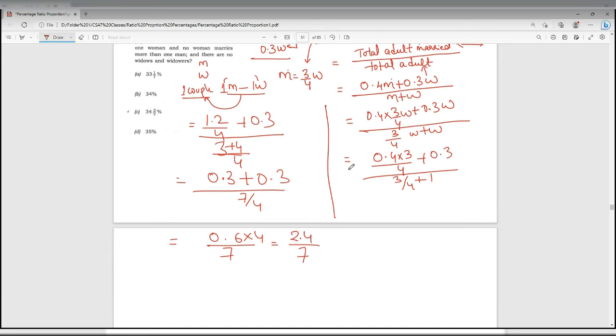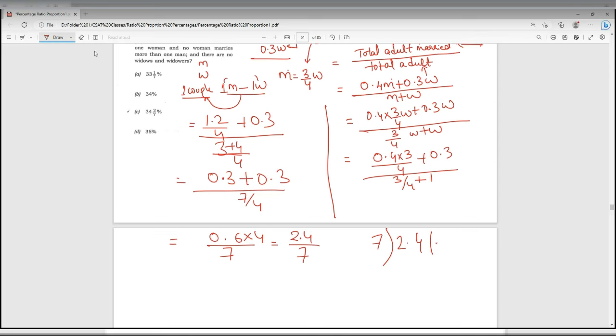So 2.4 divided by 7 is nothing but, if you take this as 7 and 2.4, then you have multiplied.